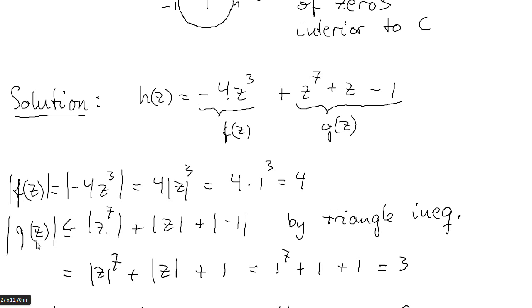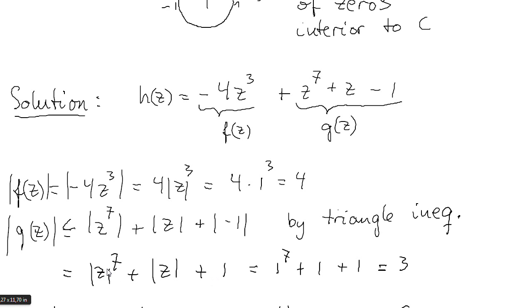Using the triangle inequality, we obtain that the absolute value of g of z is at most the absolute value of the first term, plus the absolute value of the second term, plus the absolute value of the third term. This is equal to the absolute value of z to the power of 7 plus the absolute value of z plus the absolute value of 1.